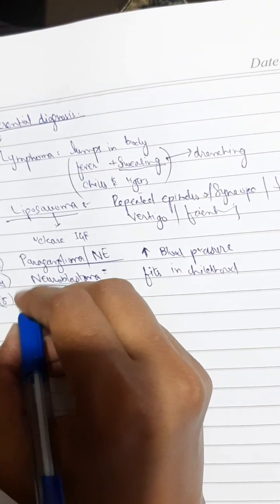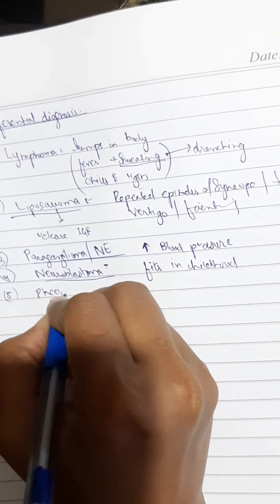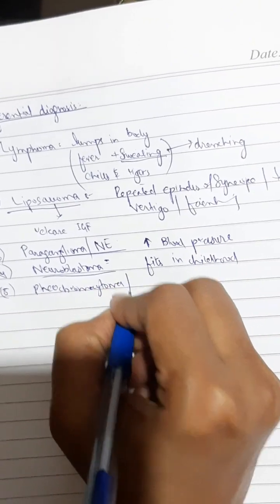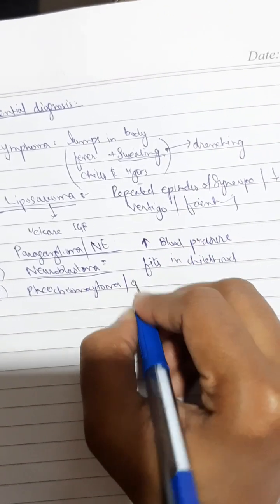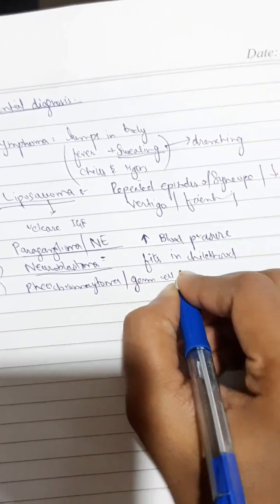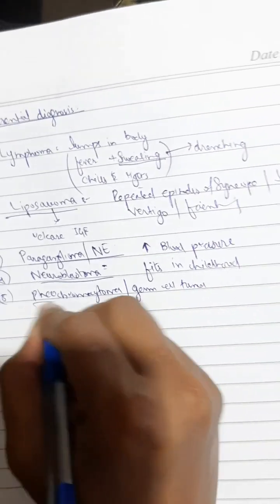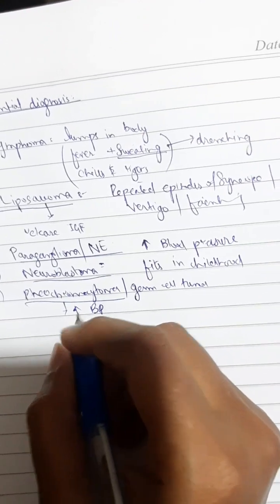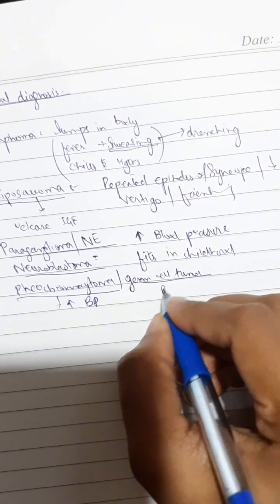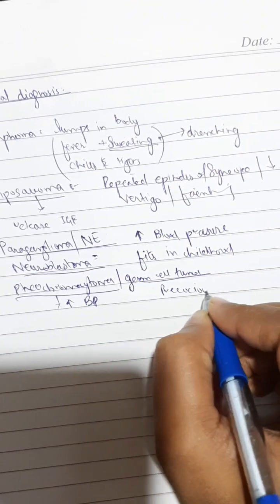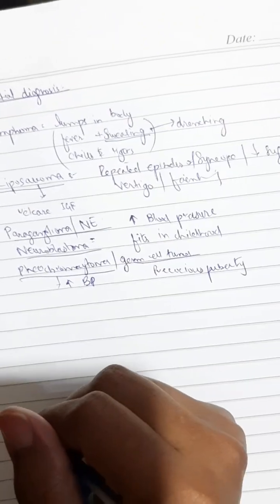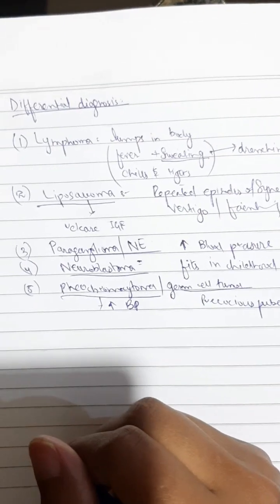And the others would be pheochromocytoma and germ cell tumor. So for pheochromocytoma, again high BP, and for germ cell tumor, precocious puberty. So these questions you should ask in the differentials.